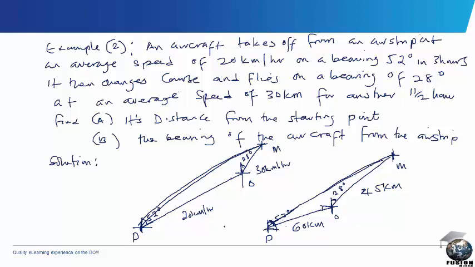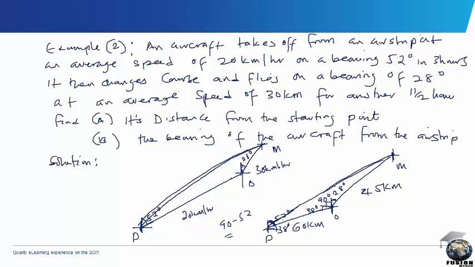So 90 minus 52 degrees will give us the value of the remaining angle, which is equal to 38 degrees. So the angle left here is 38 degrees, and since it is an alternate angle, we introduce it to this point. We have 38 degrees there. And what angle is at this point? This is a right angle, and so we have 90 degrees at this point.